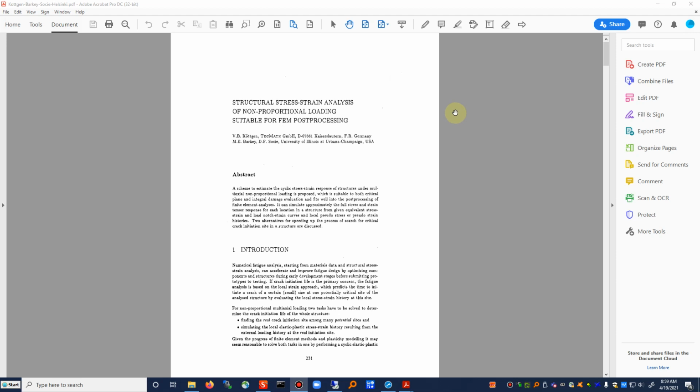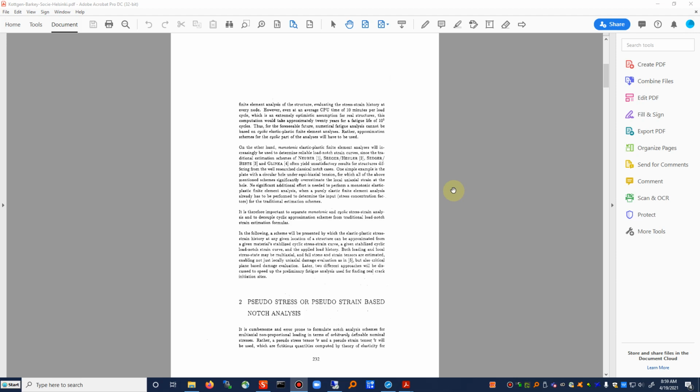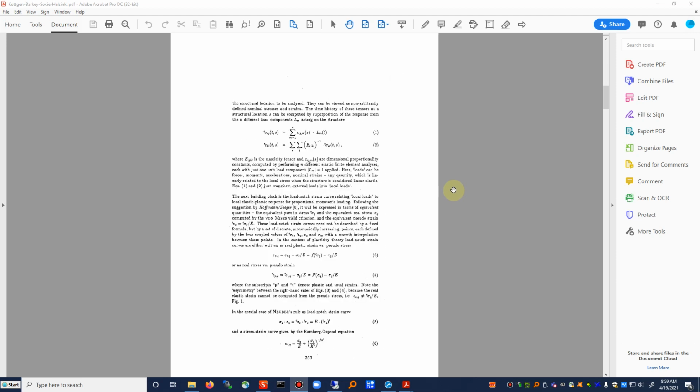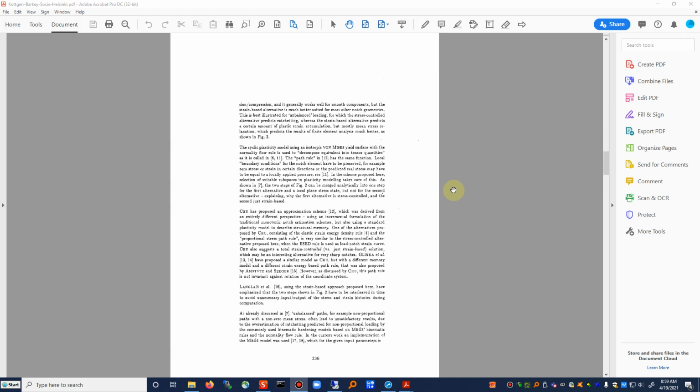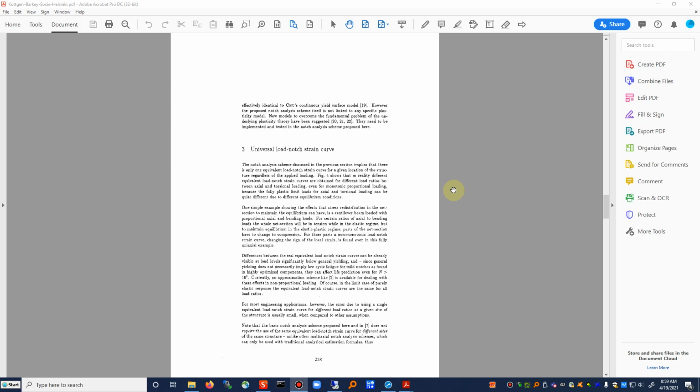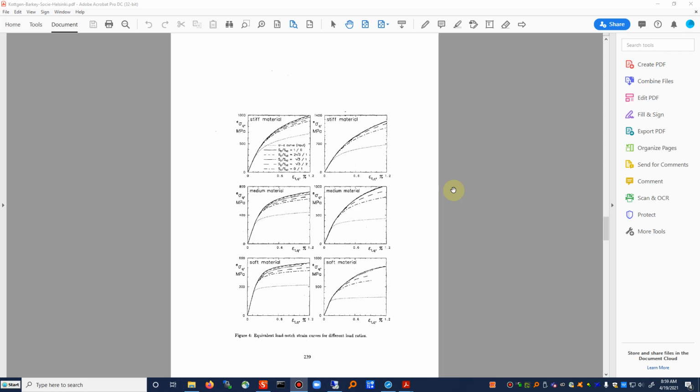In this paper, Volker Kuchen was very familiar with this type of technique, and so he was able to show some methods to speed up the process of determining the local hotspots in a finite element model where you might need to do multiaxial post-processing.